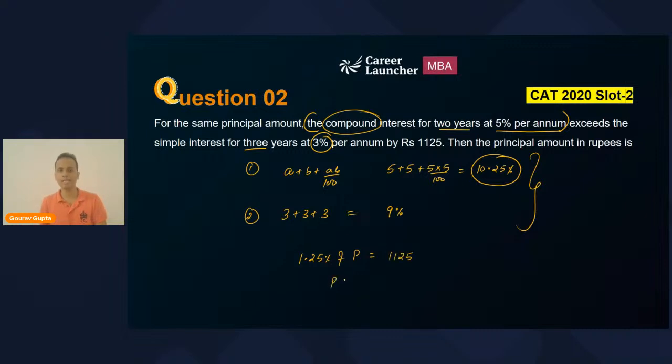So I can say that principal will be 1125 divided by 1.25 into 100. Very simple calculation. If you do the calculation, 1125 divided by 125 will be 9. So 9 followed by 4 zeros, 90,000 will be the principal in terms of rupees.